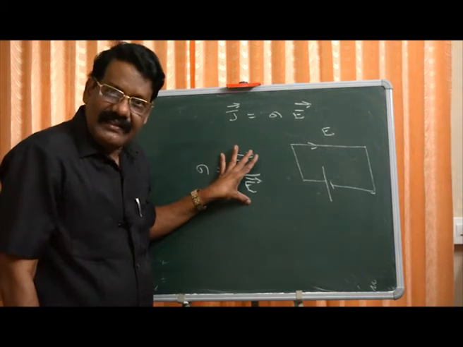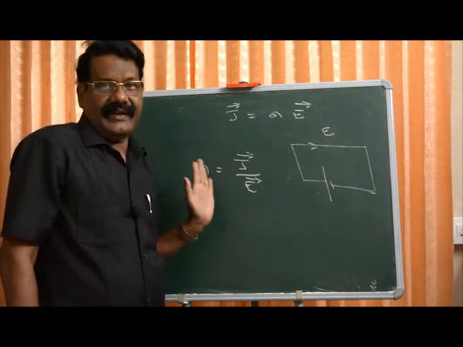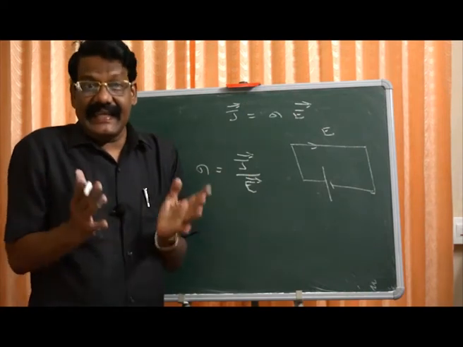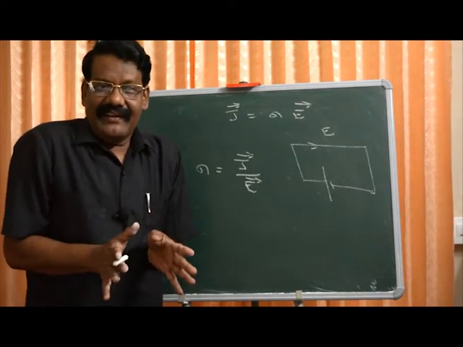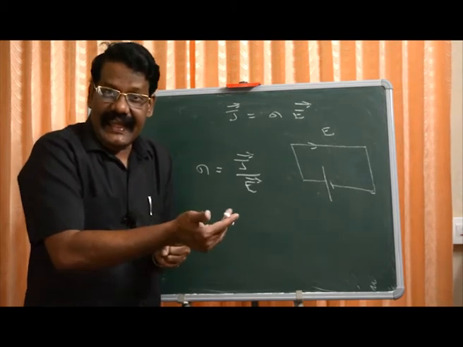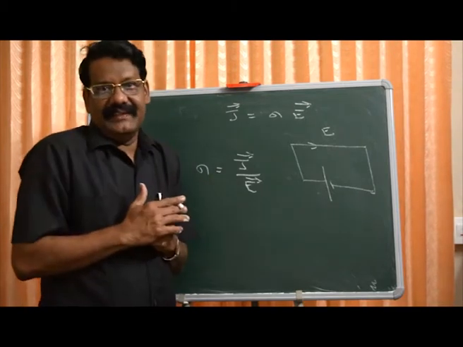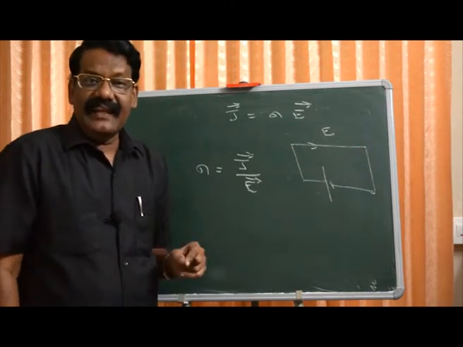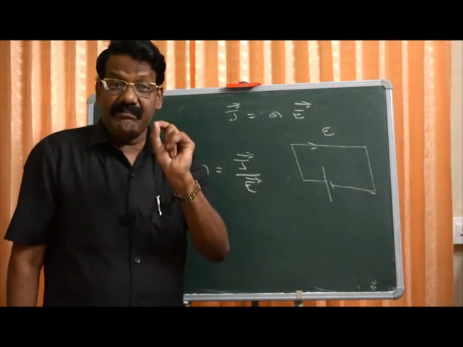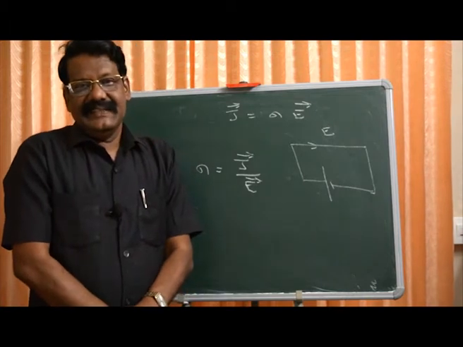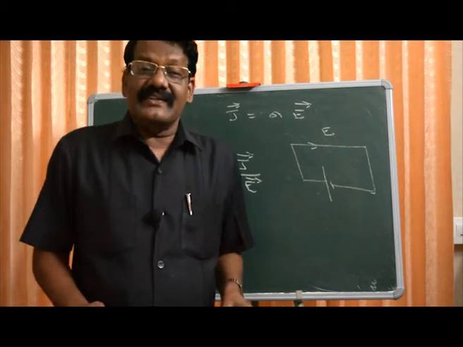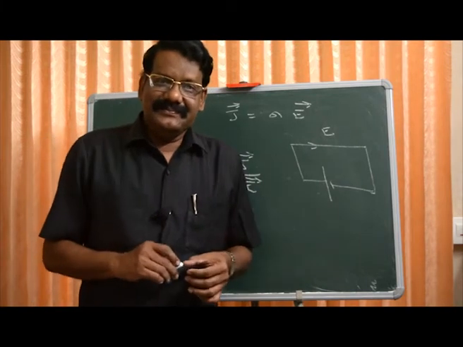So in that context, the conductivity sigma is a scalar quantity, provided J and E are acting along the same direction. This happens only when the conductor is an isotropic material. Correct? But we know that almost all conductors are anisotropic in nature.